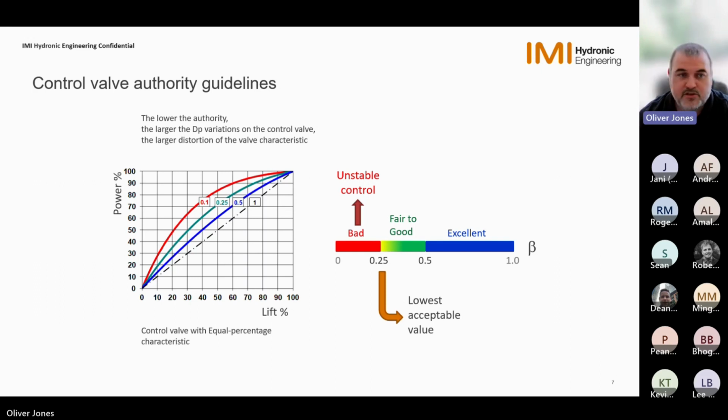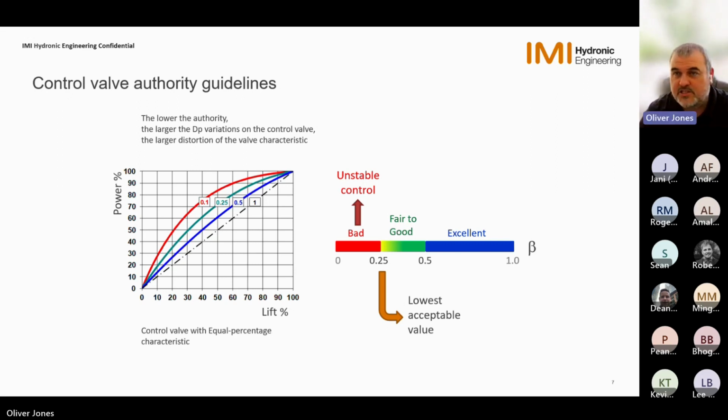But it's nowhere near as bad as the characteristic that we can see for anything below 0.25. So a characteristic of 0.1, we're almost pushing our characteristic back the same as the terminal unit itself. So we're almost matching the terminal unit, which is going to give us a very poor control.